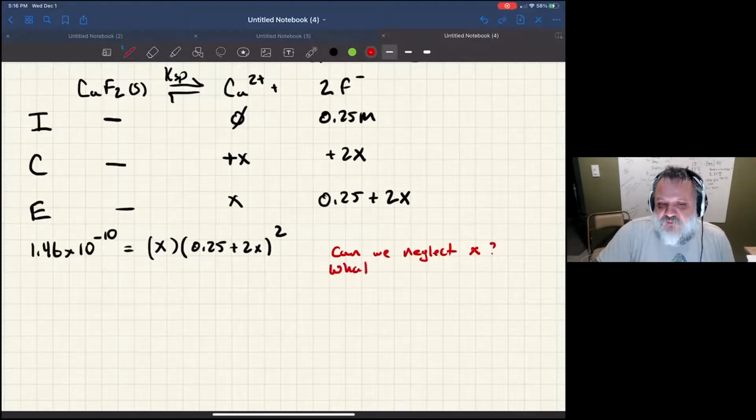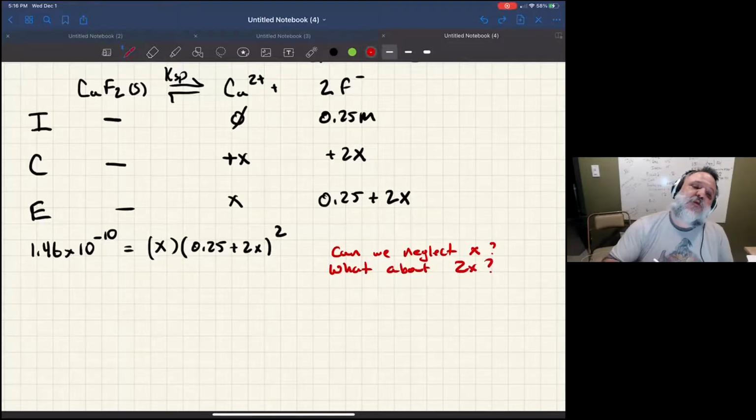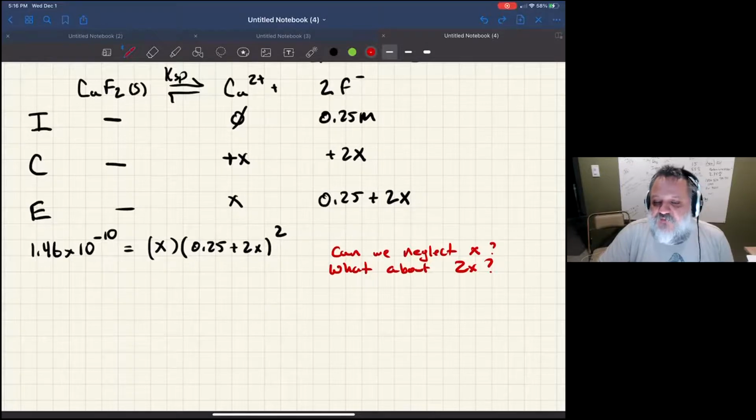So the question becomes really, what about 2x? Is 2x small enough? In other words, if I have 2x and I add it to 0.25, if x is so small that when I double it and then add the result to 0.25, I essentially still get 0.25, then it's negligible.